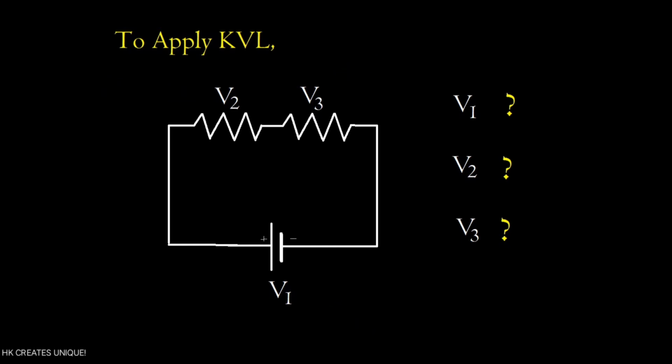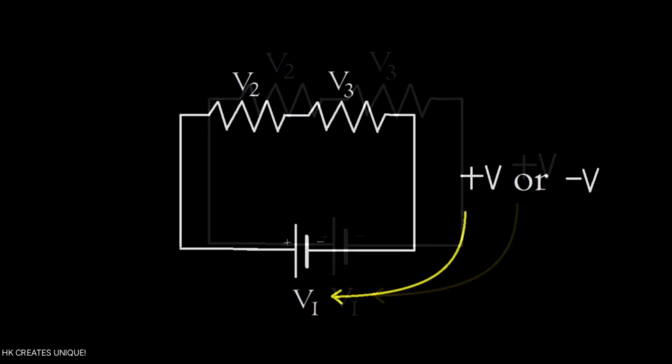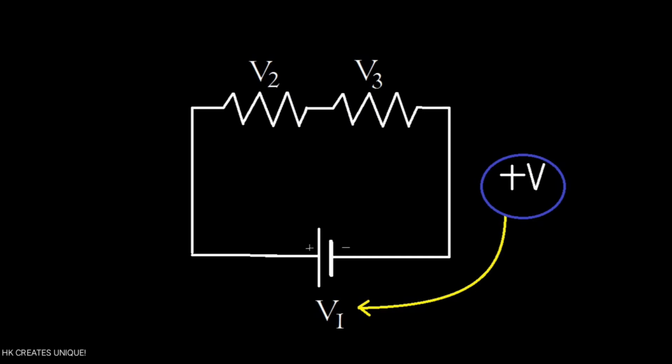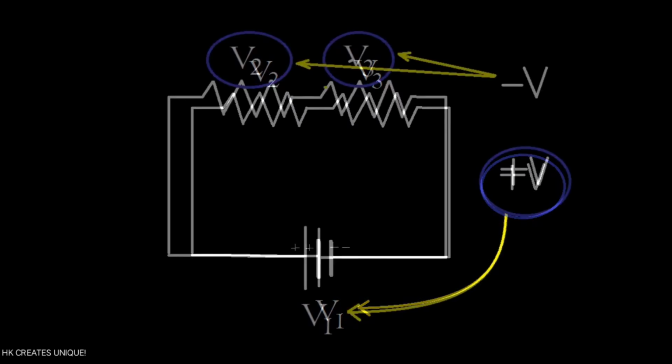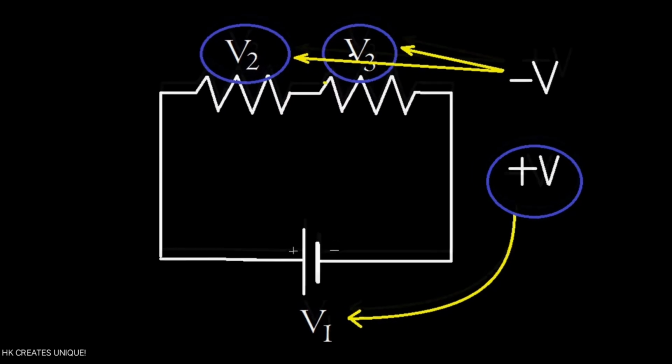Taking voltage is a little tricky. You should note that voltage across the power supply can be either positive or negative. If total power supply voltage is taken positive, then voltage across all the load components in the loop should be taken negative, and vice versa.